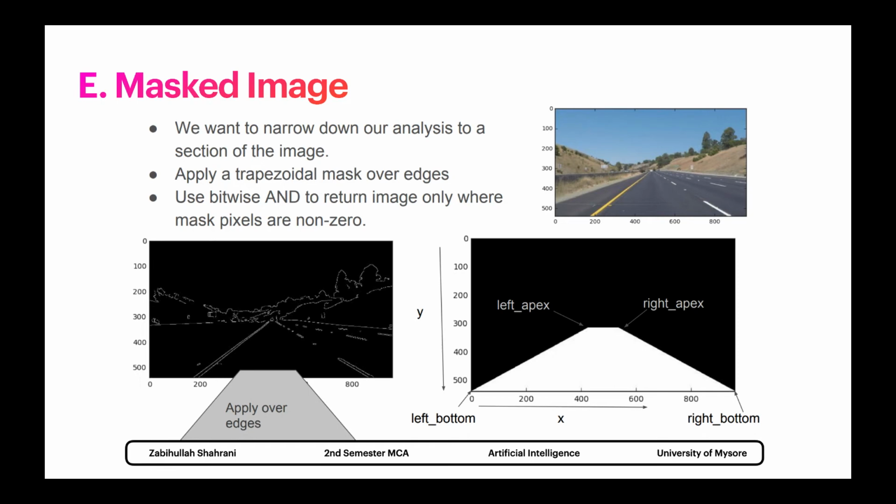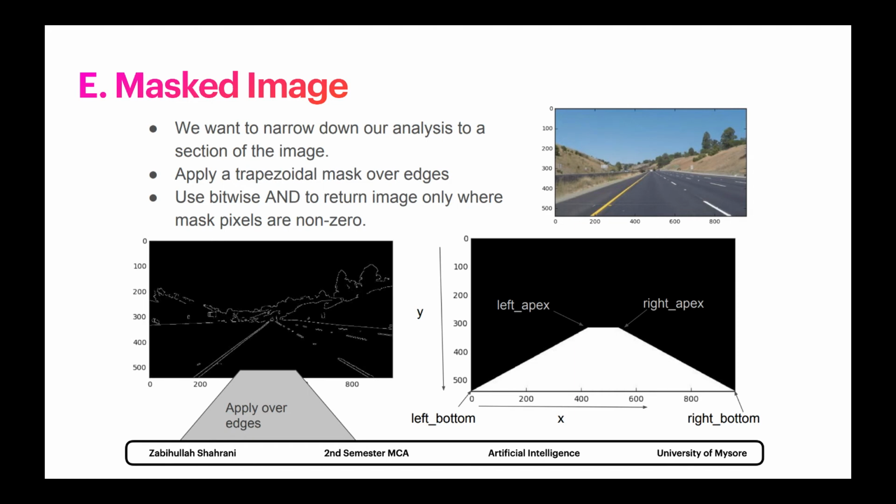This will help to make the lines much straighter, so there won't be any sort of disturbance along the lines created with the edge detecting step. So we will mask the image, or we can say we apply a trapezoidal mask over the edges.